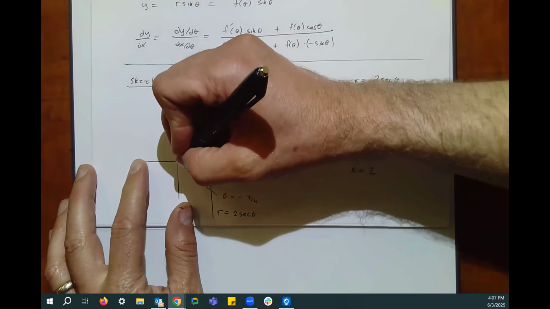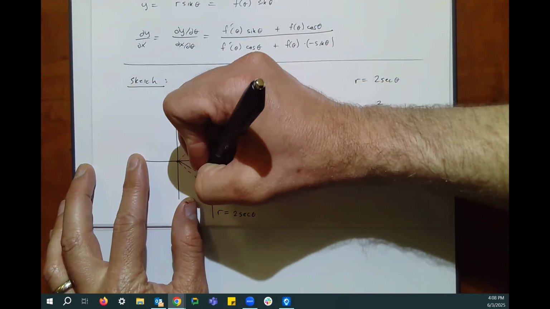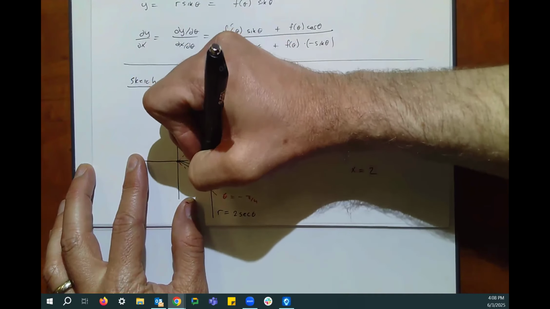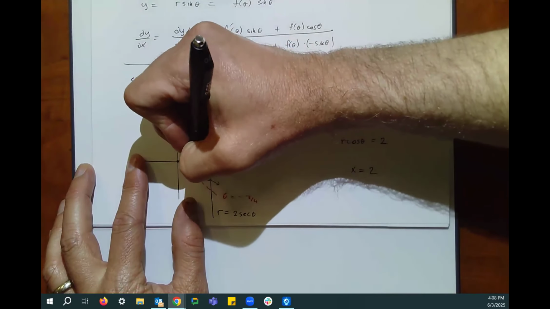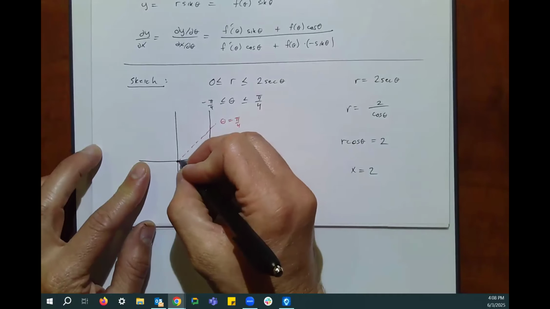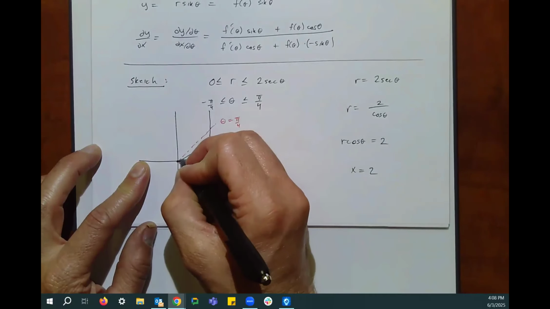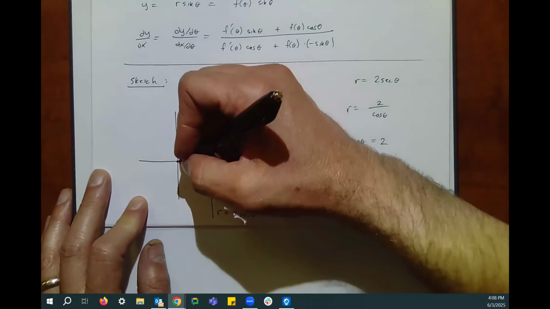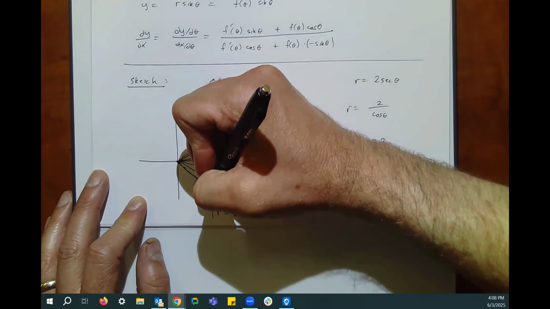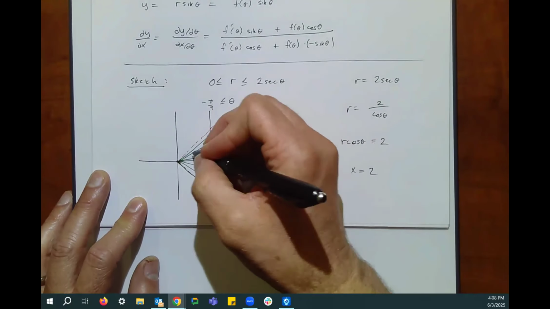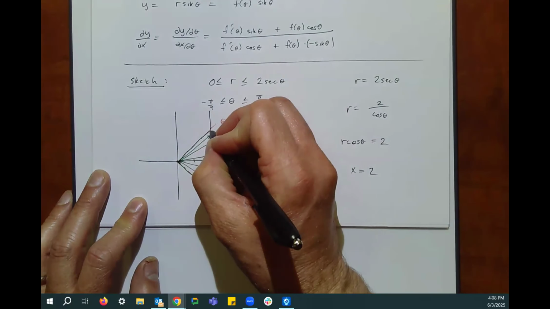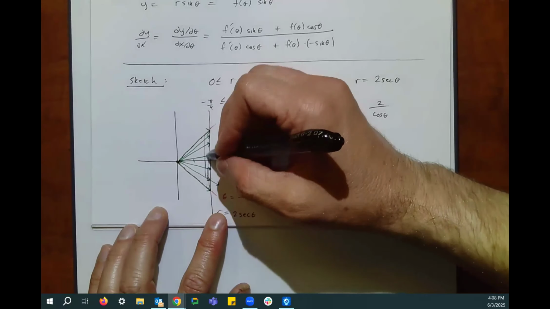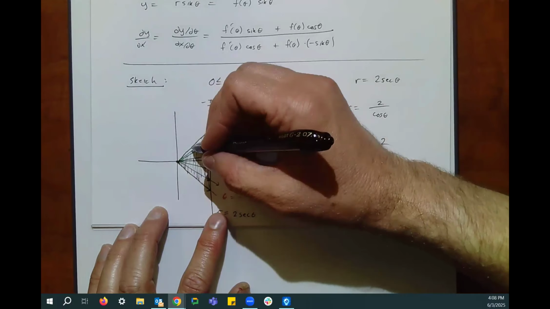So you have radial lines shooting out from here, but they should stop right there. That's how you're defining this region: R goes from 0 to 2 secant theta, and we go as far down as theta equal to negative pi over 4, and as far counterclockwise as theta equal to positive pi over 4. So that is your entire region, this triangle here.